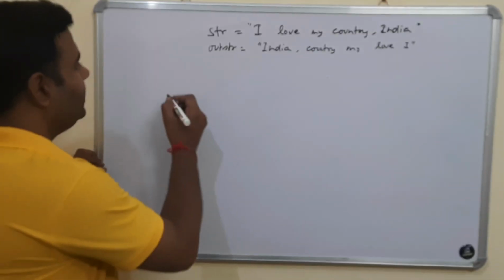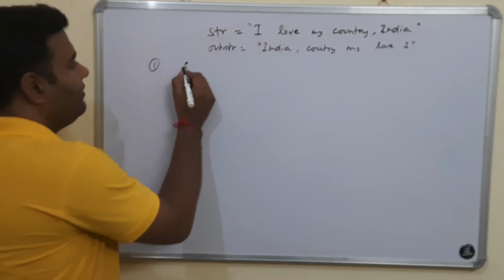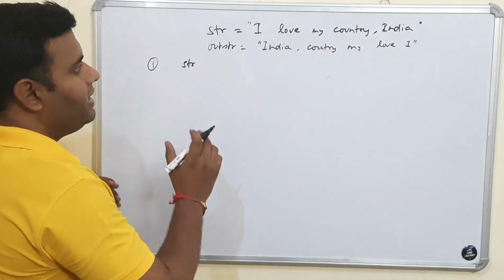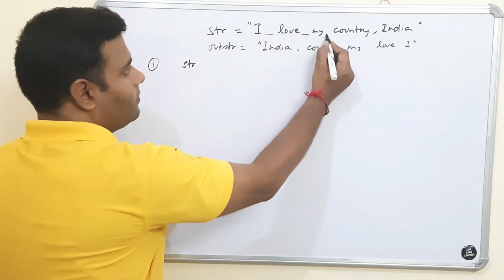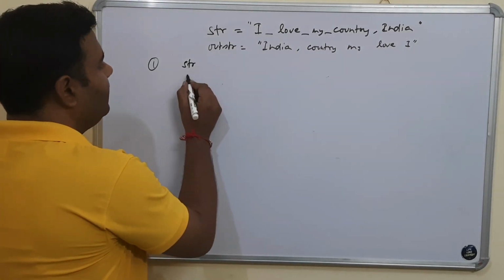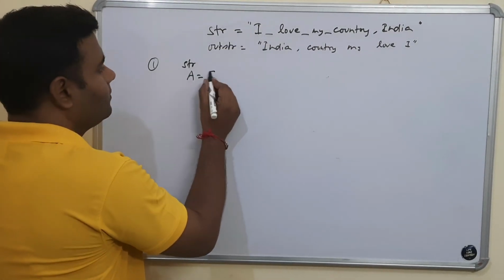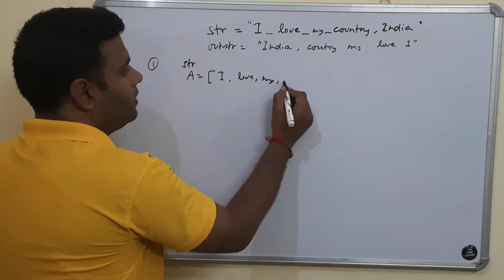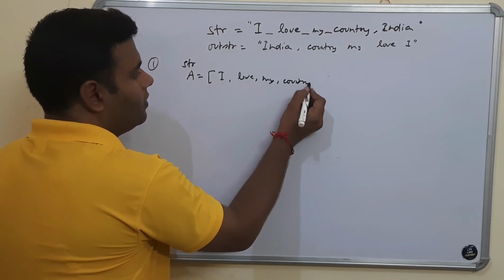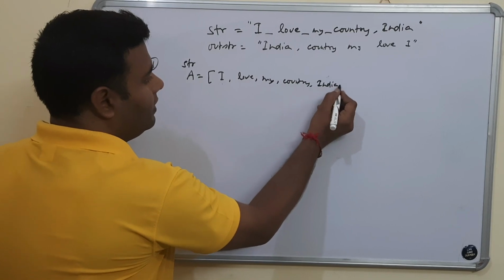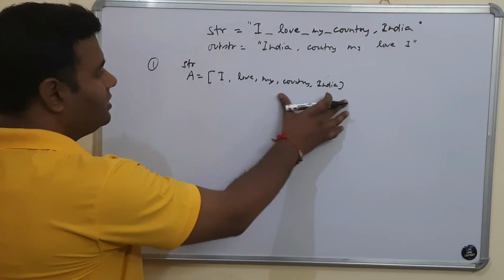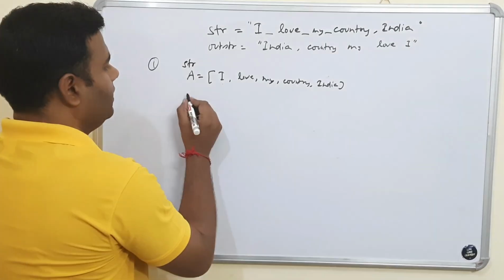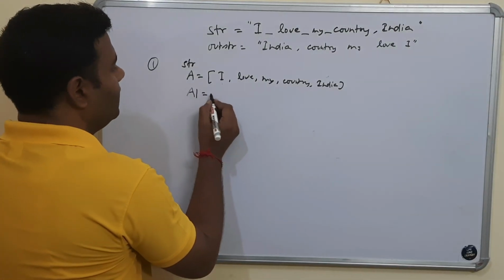The first solution can be, let's say we have been given a string. We will first tokenize it in terms of the space, and then we can create an array of the tokenized string. With this you have tokenized the string. Now you can reverse this array, and let's call this A1.